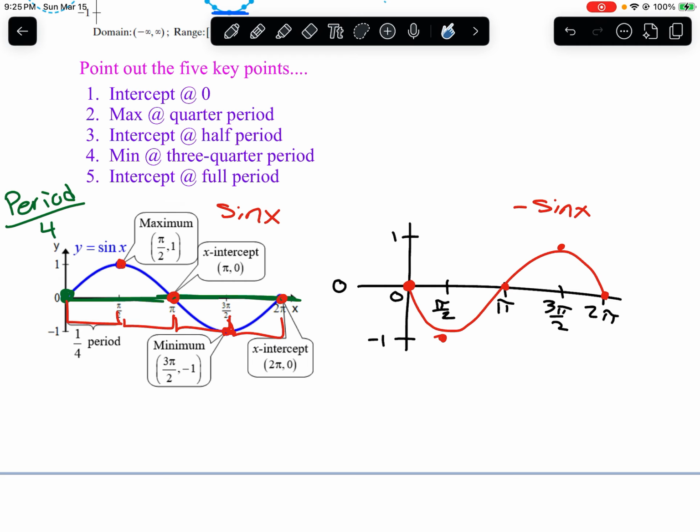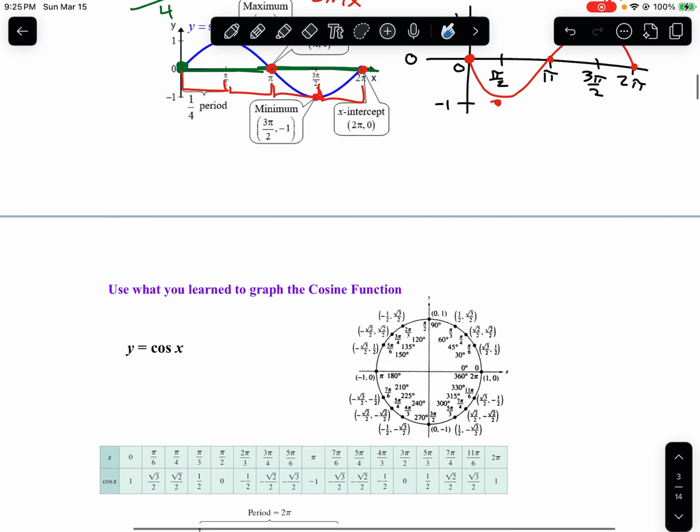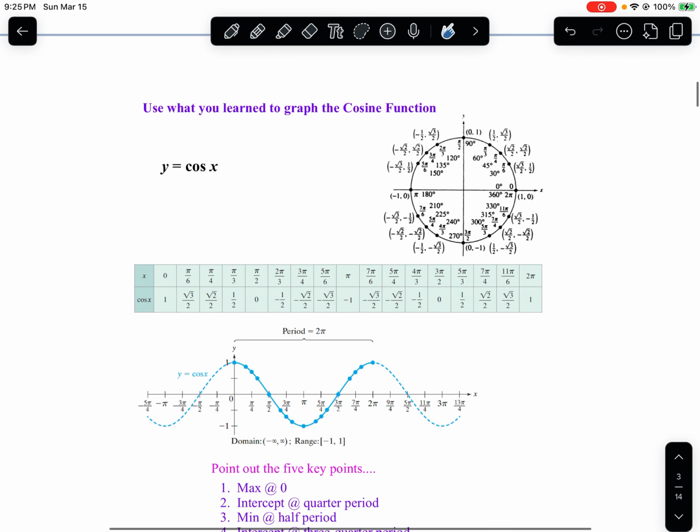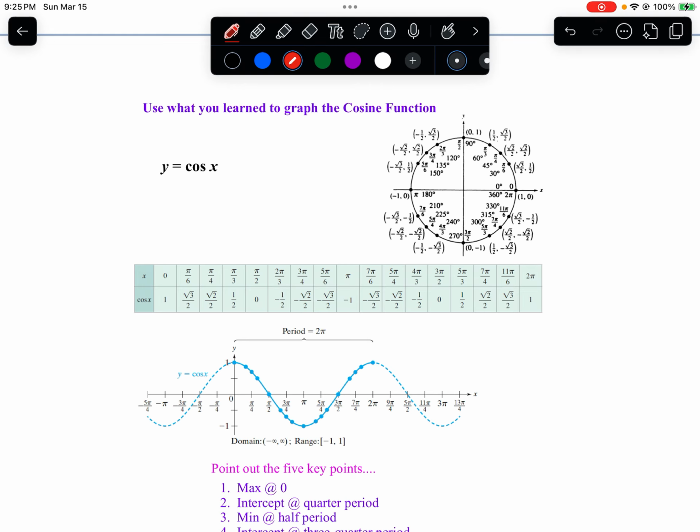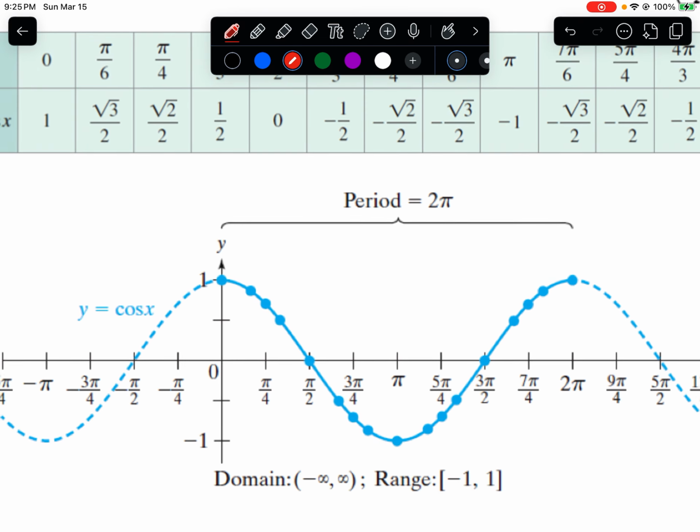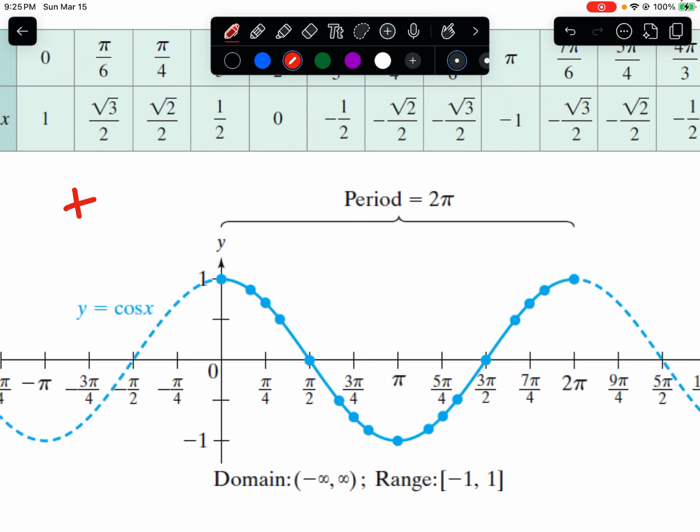Okay, and there'll be a similar difference with cosine, as far as how it starts. With the cosine function, it's going to look almost identical to a sine function, just shifted a little bit. You could look at it as a sine function shifted left or right, or almost like a sine function with a different starting point.